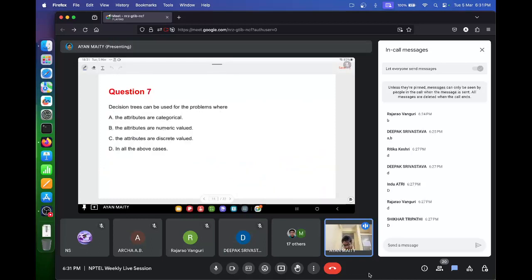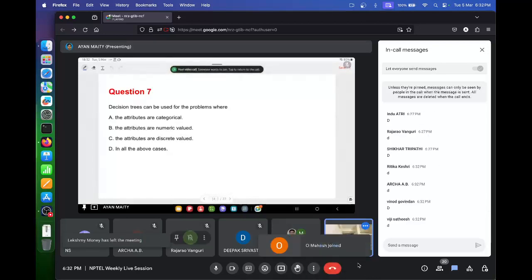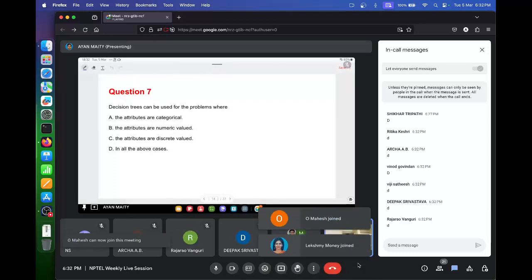Question 7. Decision trees can be used for the problems where attributes are categorical, attributes are numeric valued, attributes are discrete valued, or in all the above cases.